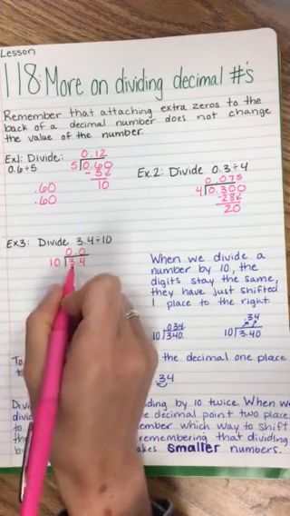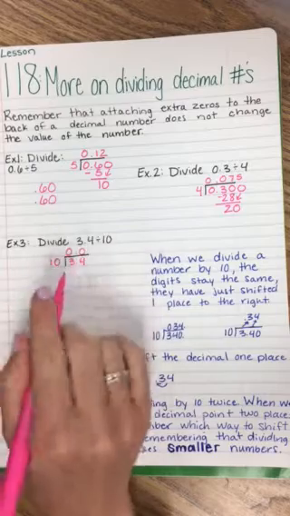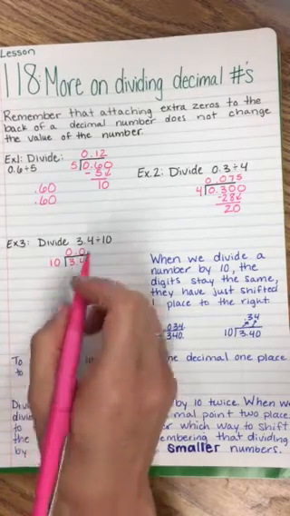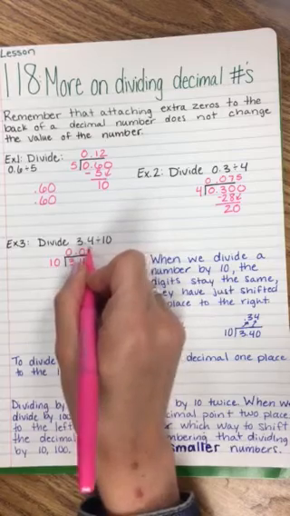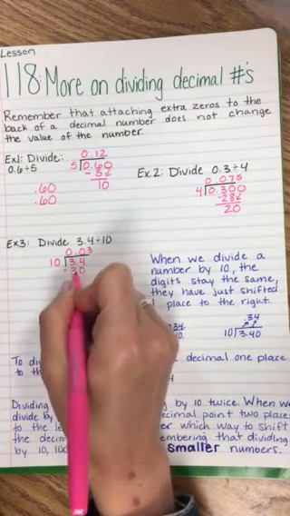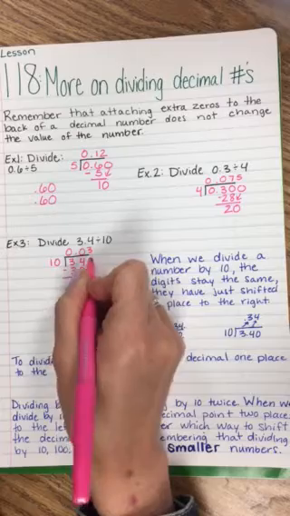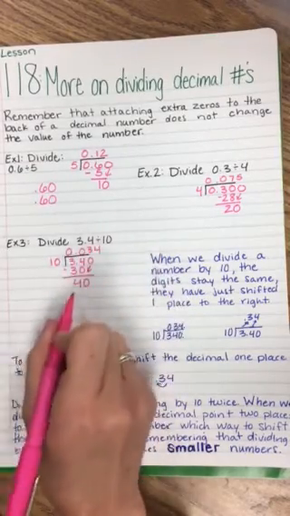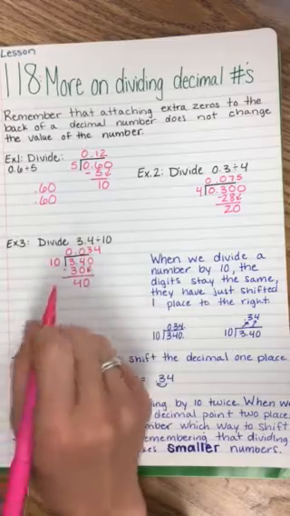Okay, 10 can go into 34. We're just going to act like it's not a decimal. 10 can go into 34 3 times, minus 30. Then we get 4, add our 0, bring it down, and it can go into 40 4 times.